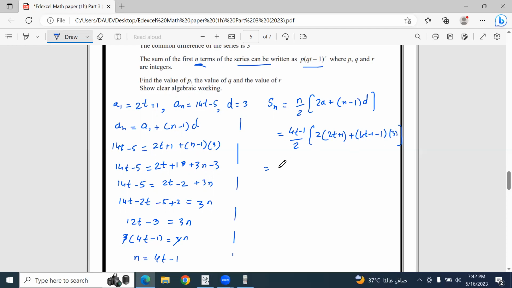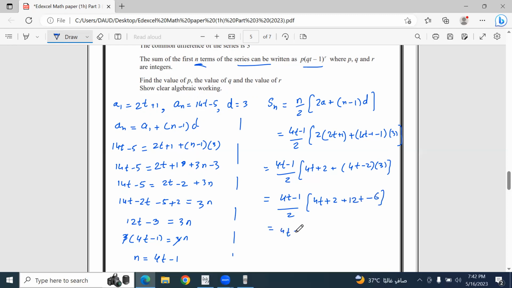So we will simplify (4t minus 1) over 2: multiply 2 inside, so 4t plus 2, and here we have 4t minus 2, multiplied by 3. Next step, (4t minus 1) over 2 times (4t plus 2), and we have 3 fours are 12t minus 6.